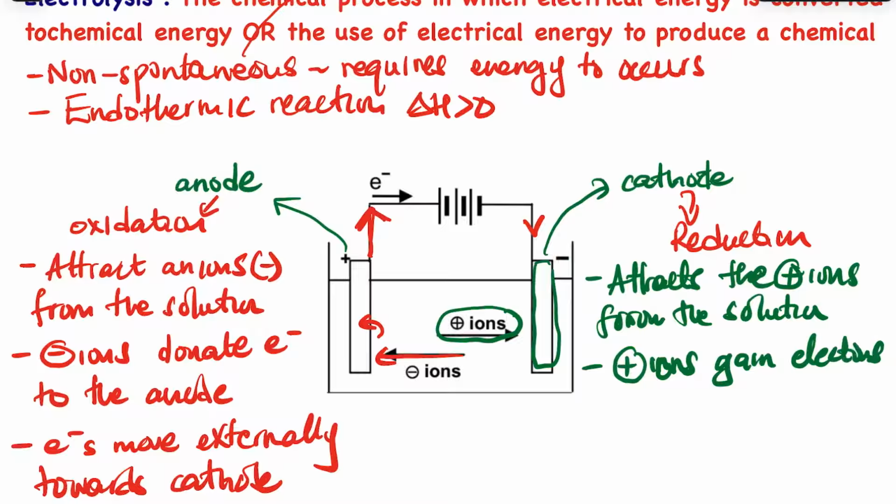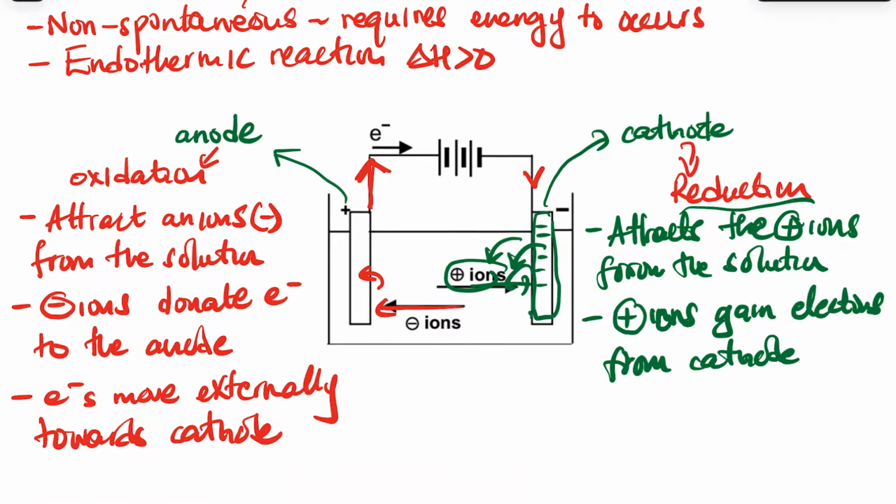They gain electrons from the cathode, right? Since these cations are attracted there, they get the electrons. So this cation is gaining the electrons once it's attracted there, right? And this is where reduction takes place in the cathode.